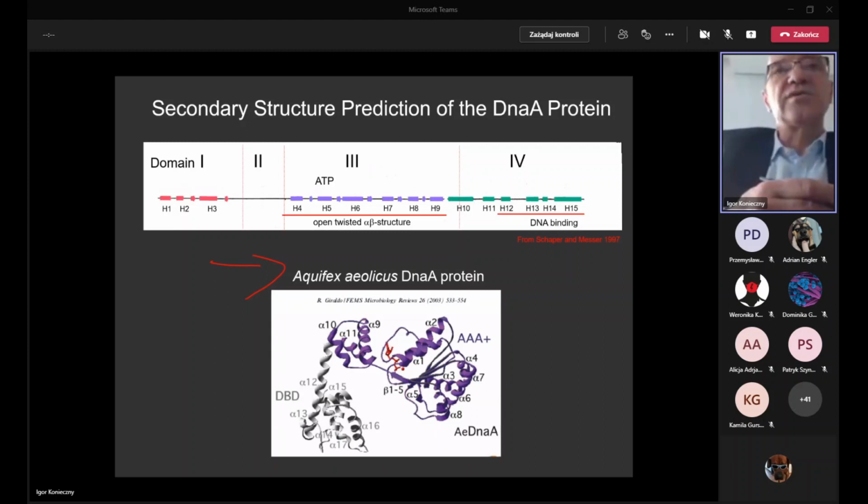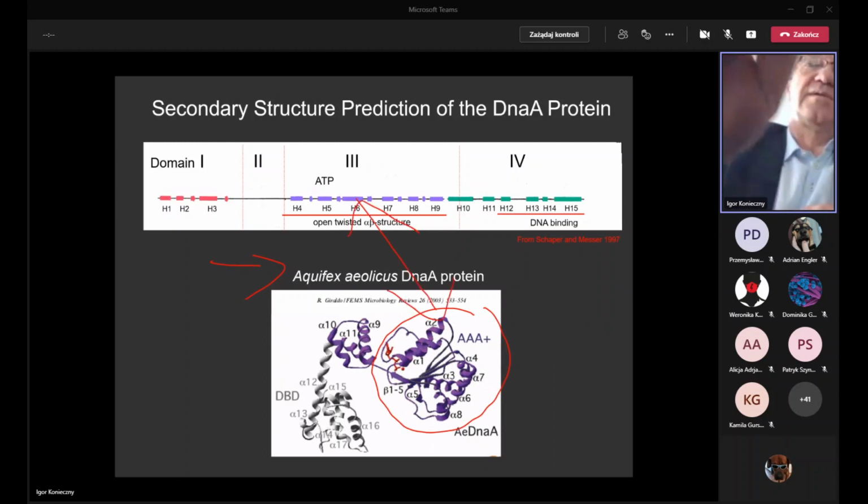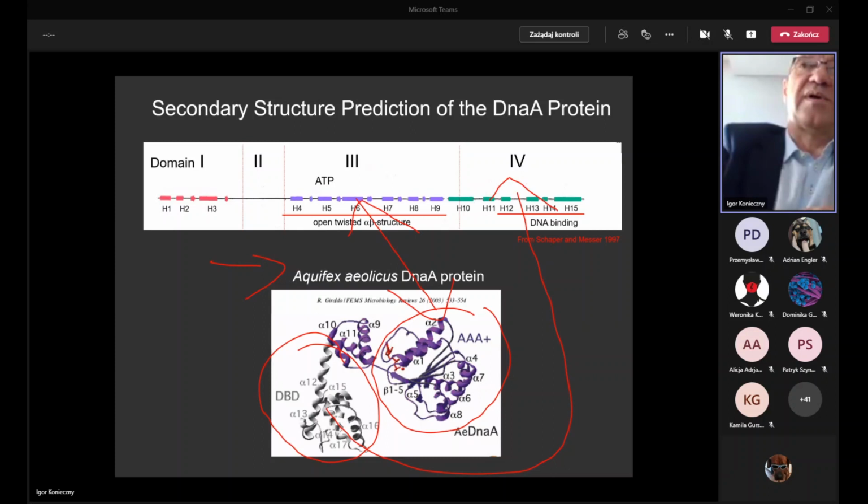You see the structure of the protein, so the AAA+ is this part, and DBD stands for DNA binding domain, which is this part.